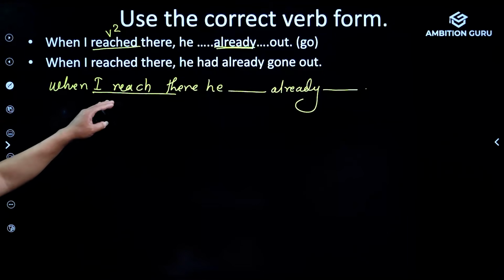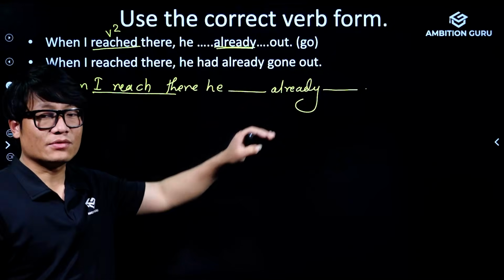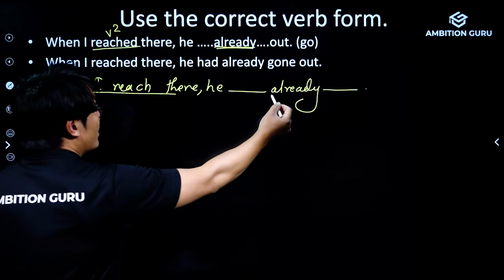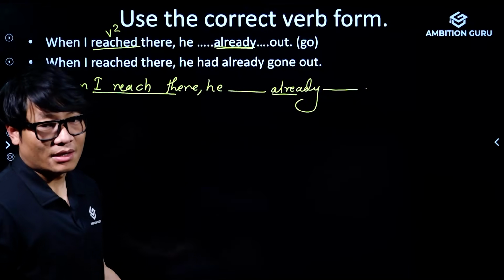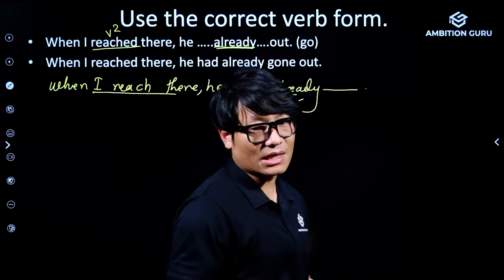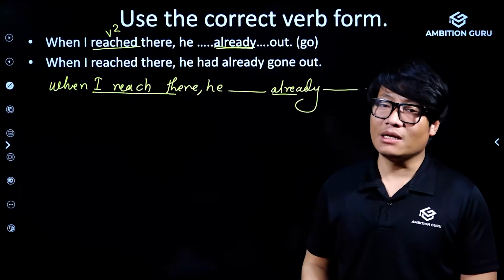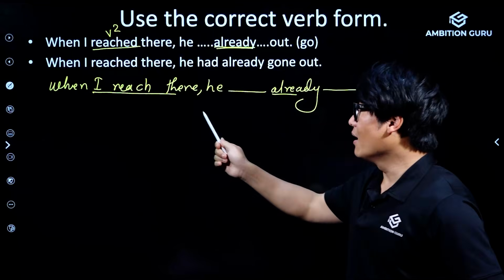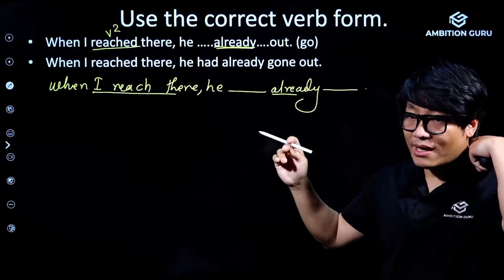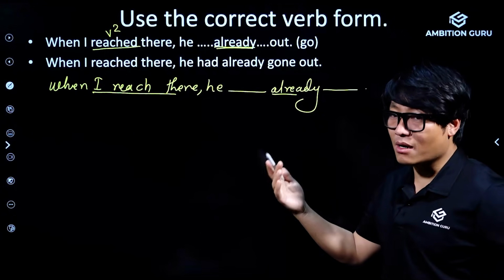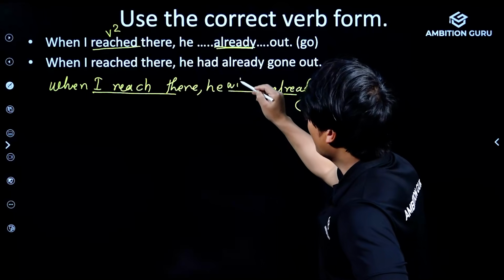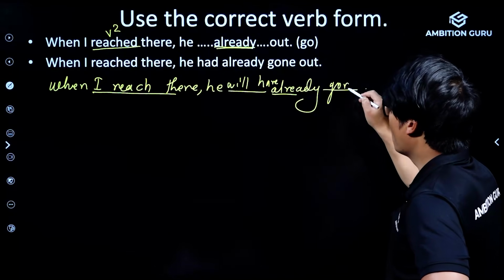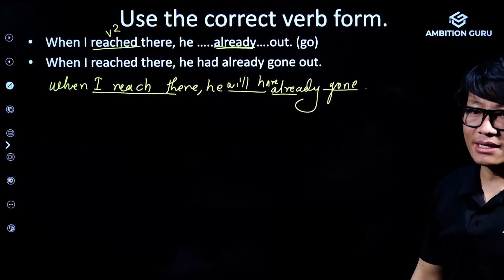When first sentence is a simple present, then second sentence should be future. So this here is already, but which future? Obviously it will be the future perfect. When I reach there, he will have already gone. He will have already gone. Already gone. This is the answer.